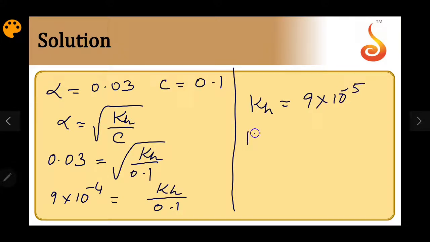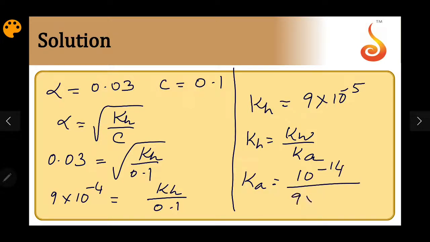So I know that KH is equal to KW by KA, or KA is equal to 10 power minus 14 by KH, that is 9 into 10 power minus 5. If you simplify, this will become approximately 1.1 into 10 power minus 10.